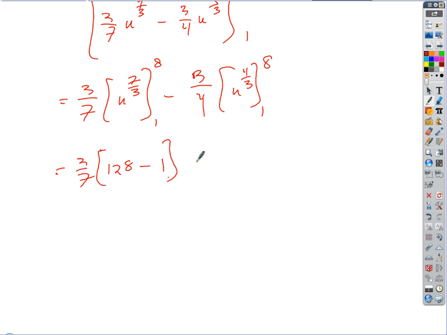So 8 to the 4/3 must be what? 16, right? Make sense? Because the cube root of 8 is 2, and 2 to the 4th is 16, right? Everybody, we good with that? I rushed through it, but I think you guys are fine.